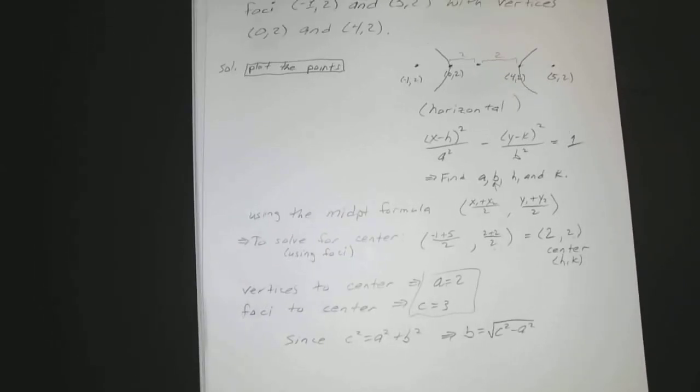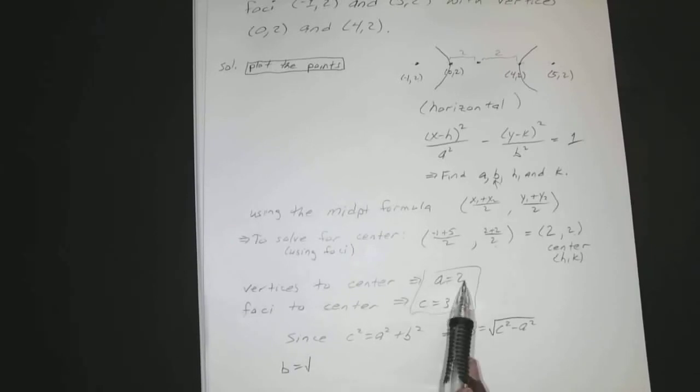We don't need the negative since you're not going to have a negative distance. Okay, so that means that B is equal to the square root of 3 squared minus 2 squared. Okay, so square root of 9 minus 4, so B is equal to square root of 5.